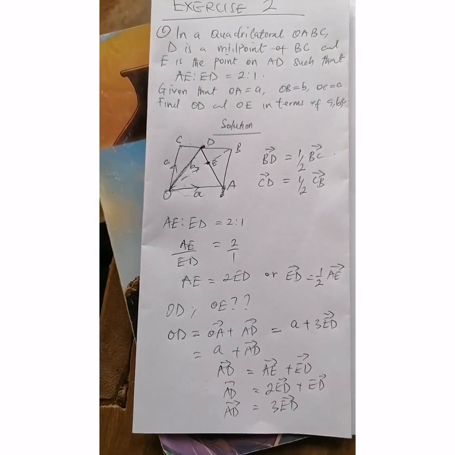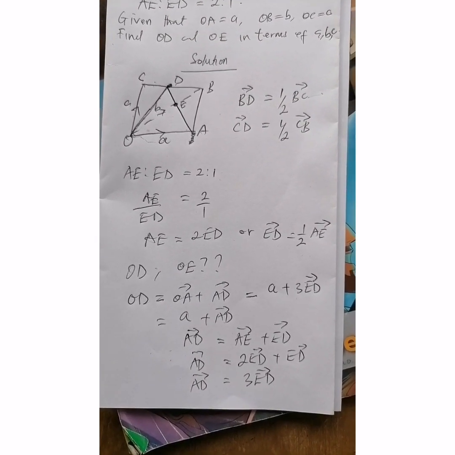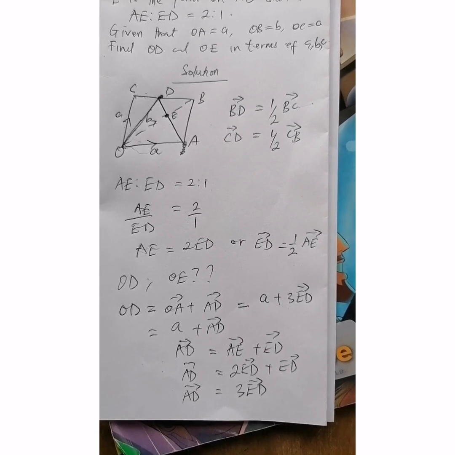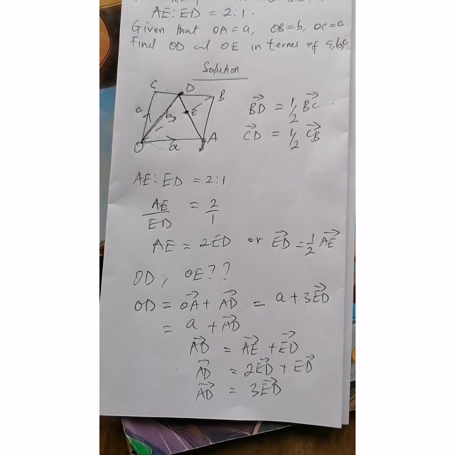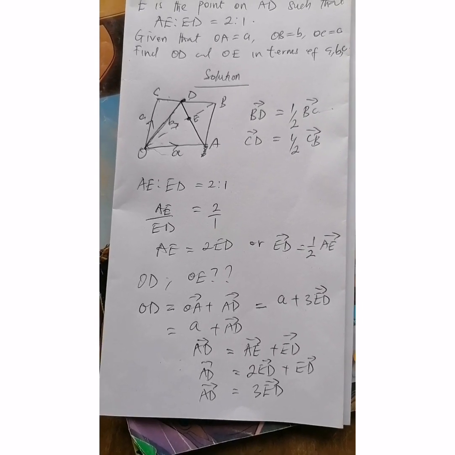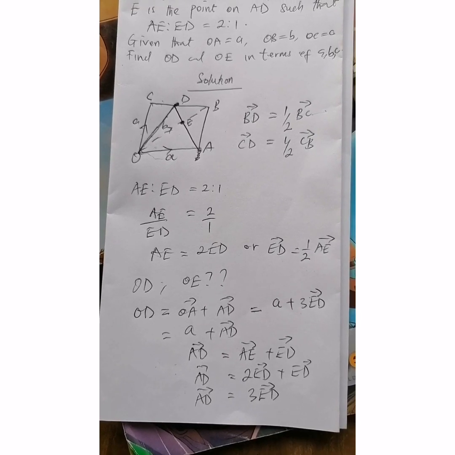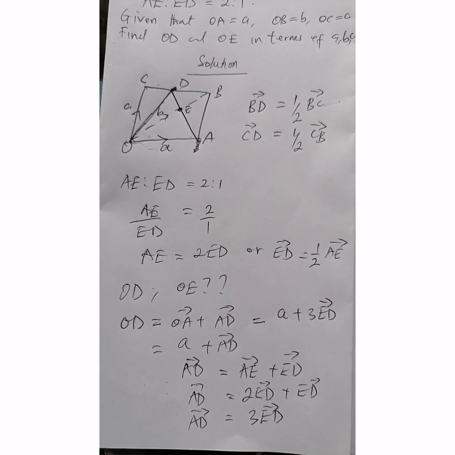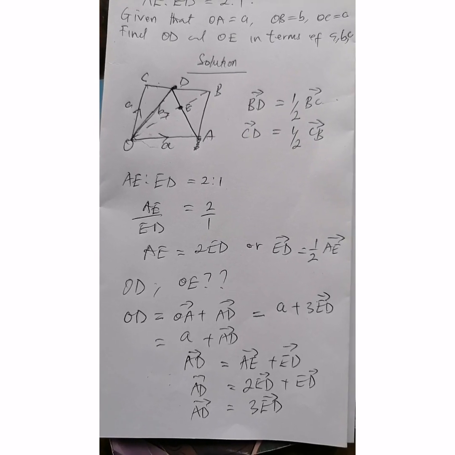Okay, right. So like I said, now we have that our OD is A plus 3ED. Now if you watch it closely, you realize that we are just circling back. It's like we are not moving forward. It's like we are just going back and forth, because the triangle we use will give us problems.